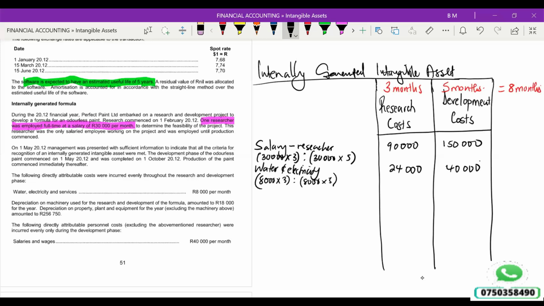Then we have depreciation for the machine. We are told that the 18,000 is for the year. So I'm going to say 18,000 divided by 12 times 3. And I say 18,000 divided by 12 times 5.